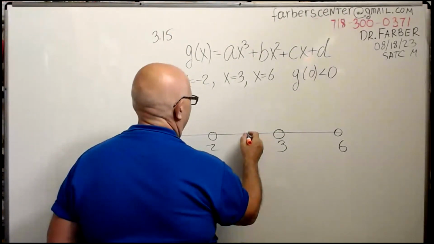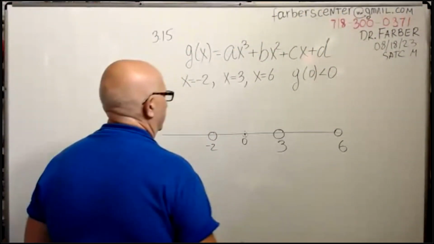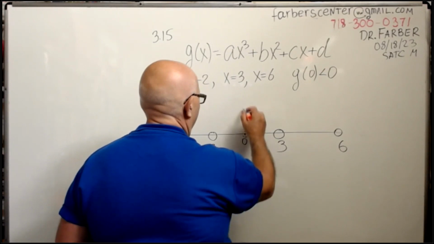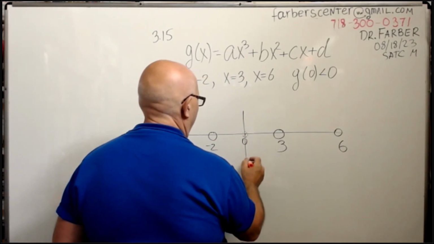This is 0. And g(0) is negative. In this case, this function in this interval is negative.